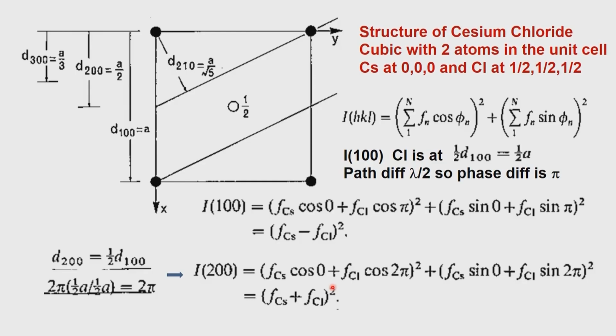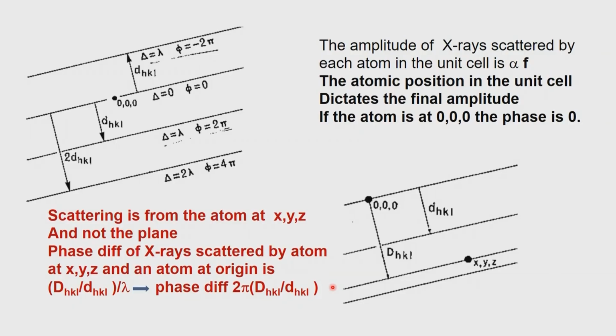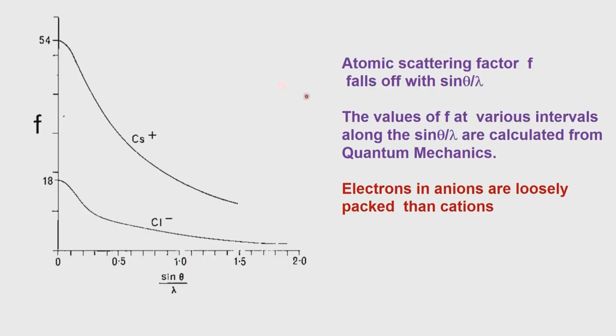So, the atomic scattering factor that contributes to this particular structure will come from the ionic species cesium plus and the ionic species chlorine minus, and that is why we drew the curve earlier on of F versus sin theta by lambda. Let me take it back to you. So, this is the curve which we have, one for the cesium plus, the other for the chlorine minus.